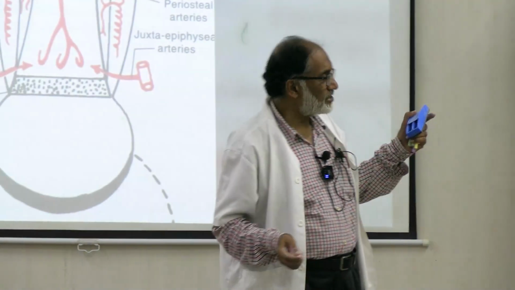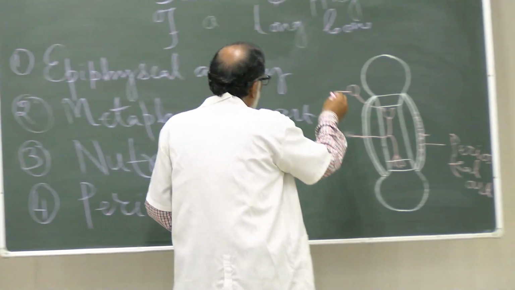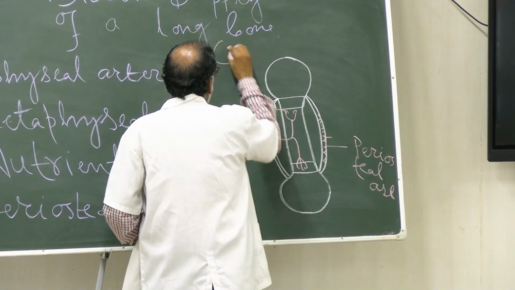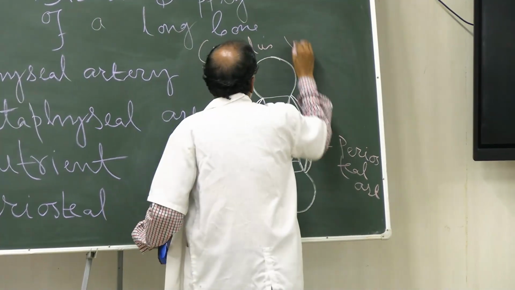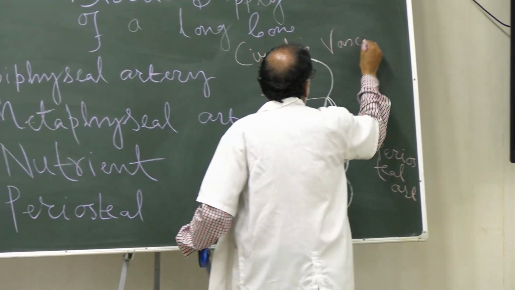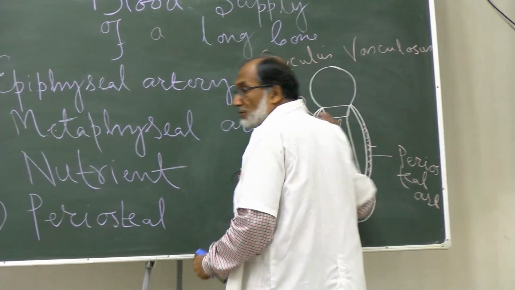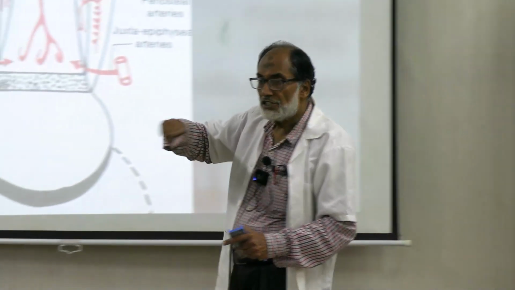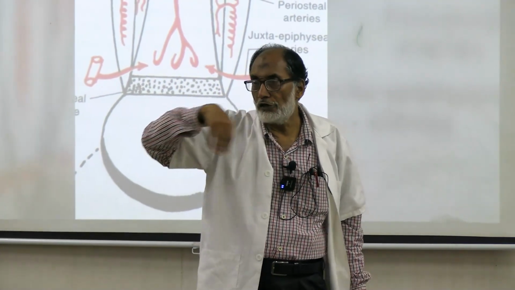This is known as circulus vasculosus. If you cannot remember this long name, just say it is coming from the vascular anastomosis around the joint.